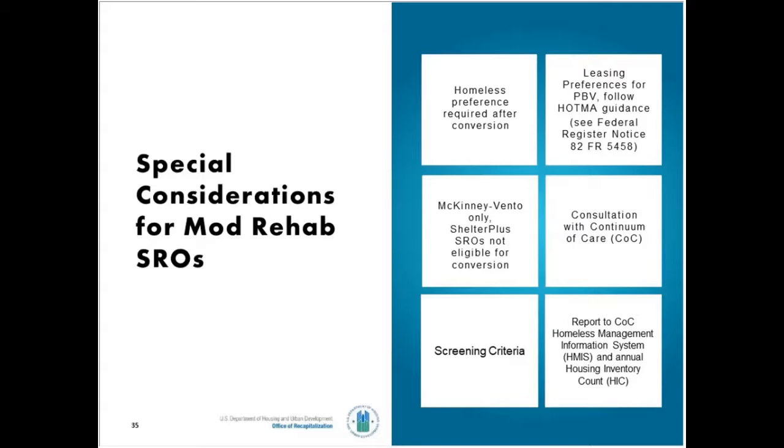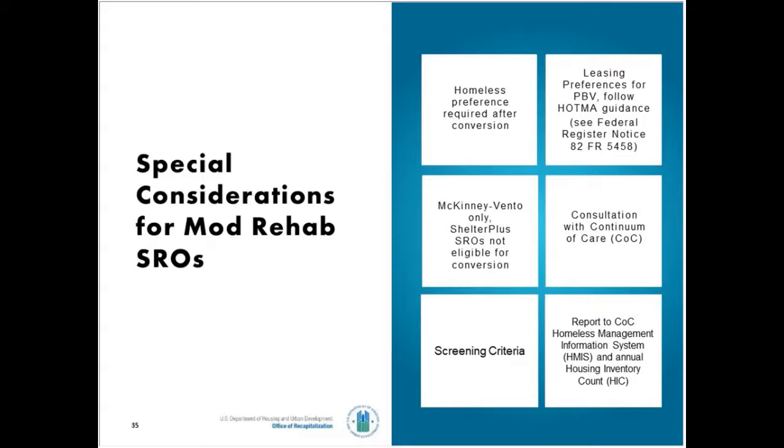And lastly, if you're going to include any preferences for a subpopulation, you will have to have your admin plan if you're doing PBV, or tenant selection plan if you're doing PBRA, reviewed by the FHEO local office and the local OGC office to make sure that the admin plan or tenant selection plan complies with the requirements of Section 2.7E of the notice.